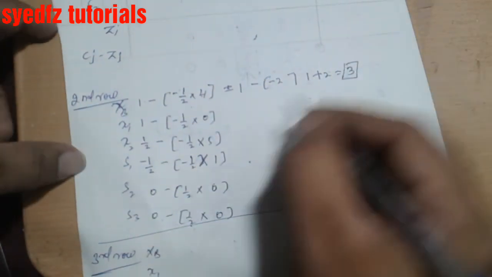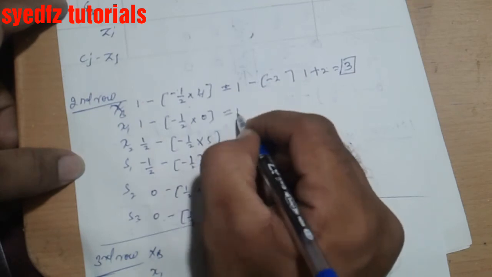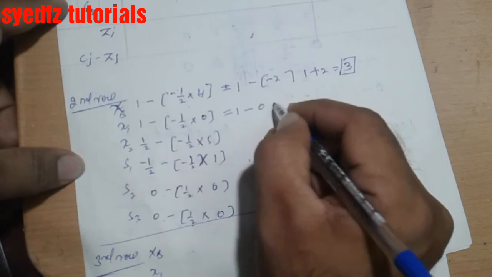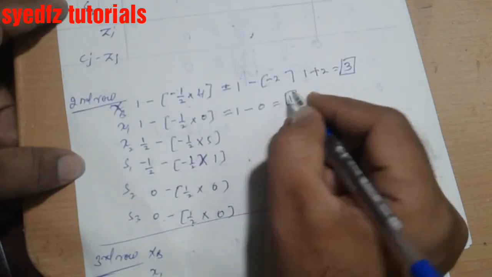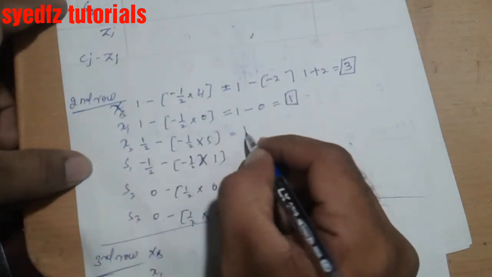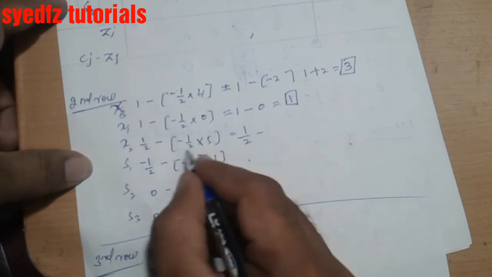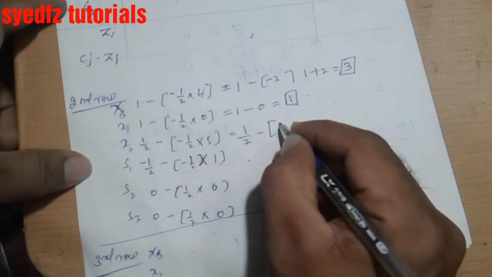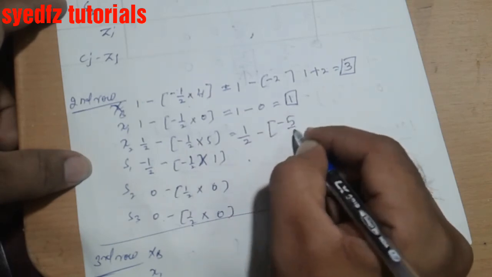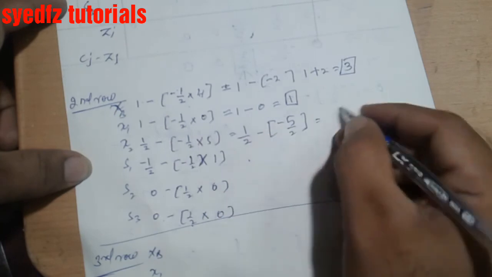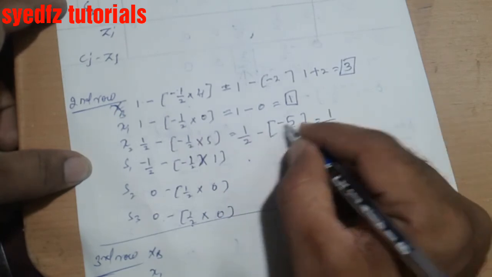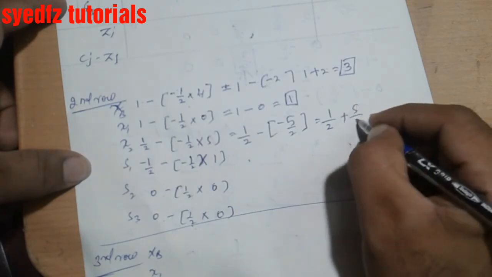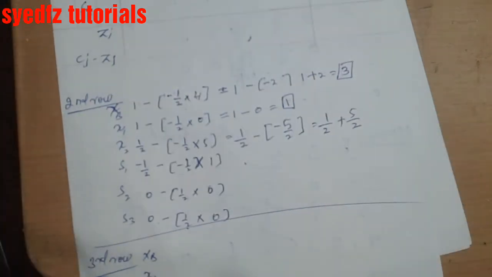Second, the one remains the same; minus multiplied with 0 means 0. Answer 1. The third one, 1 divided by 2 minus 5 divided by 2, and this is a minus, this is also minus, so keep 5 divided by 2 in brackets. This is 1 by 2 plus, minus into minus plus 5 divided by 2.